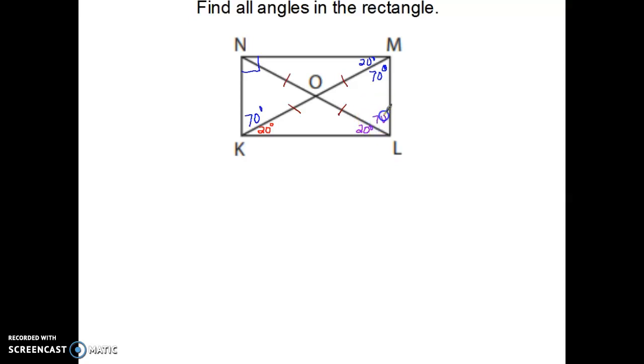This one should also be 70. Now if I want to use my triangle sum, I can find my angles that are at point O. So that's how I can find every single angle in a rectangle if I was only given one to start with.